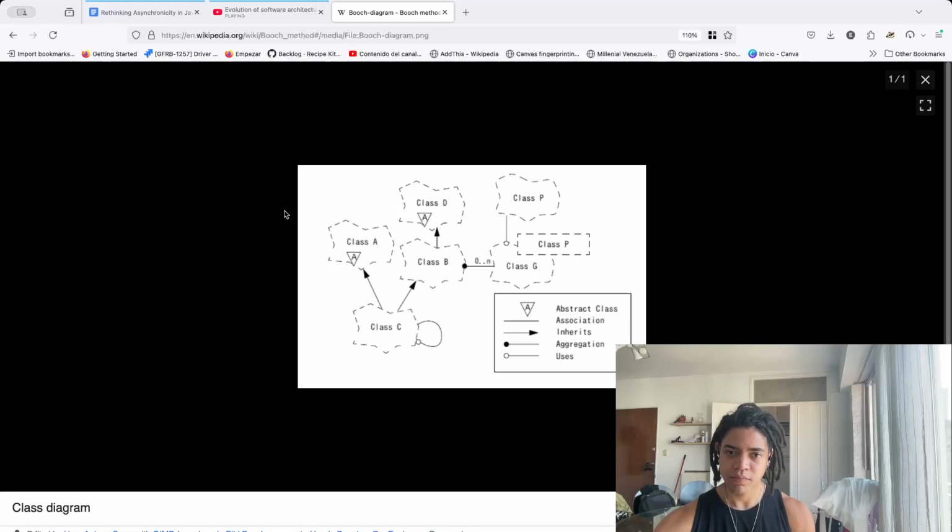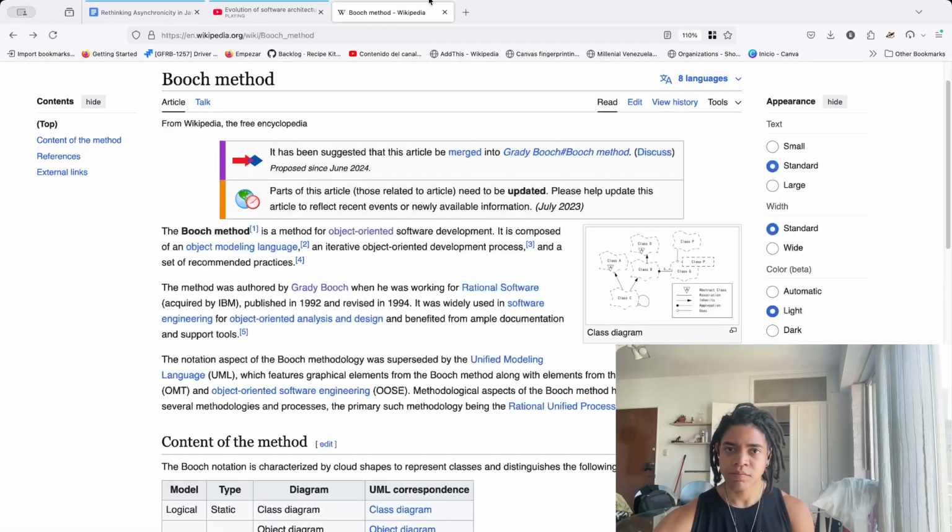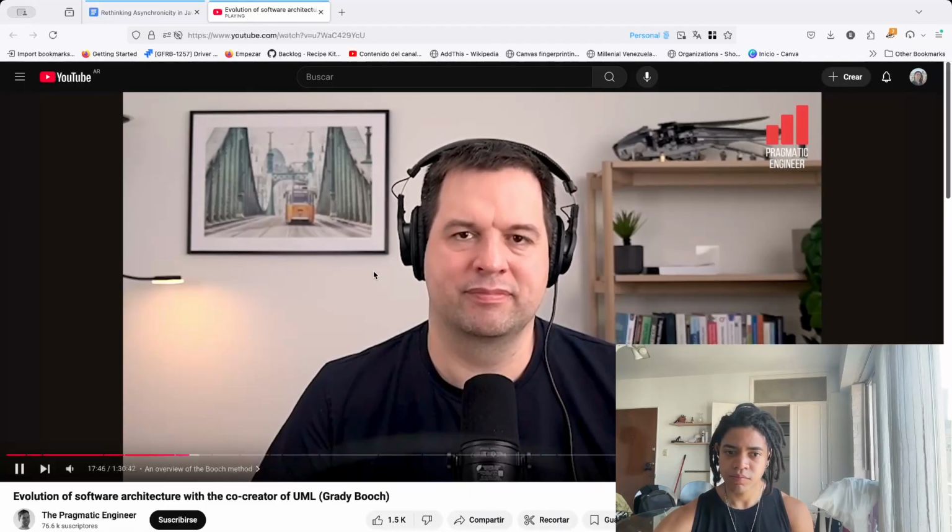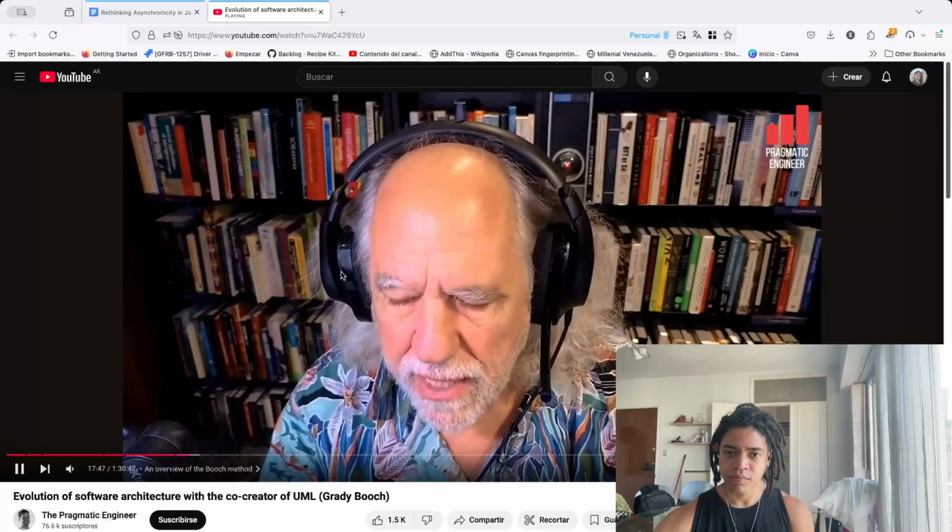So the Booch method was really trying to codify that. How could we decompose systems not based upon algorithms, but based upon classes and objects? And again, that's where I was influenced by Liskov and Parnas and Dijkstra and Hoare and the like.